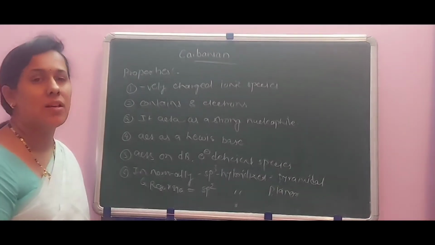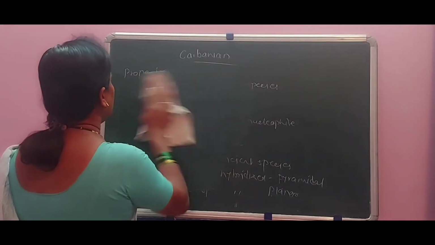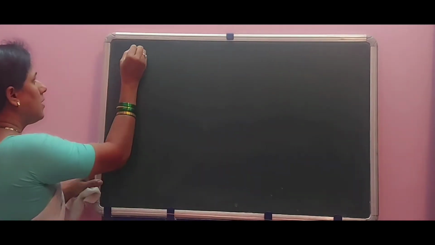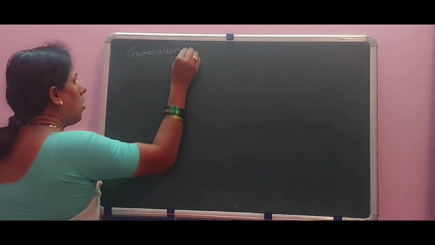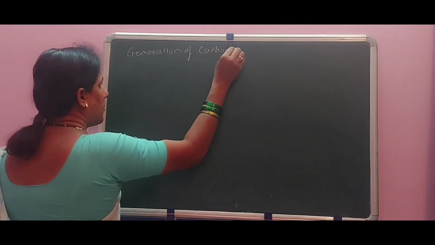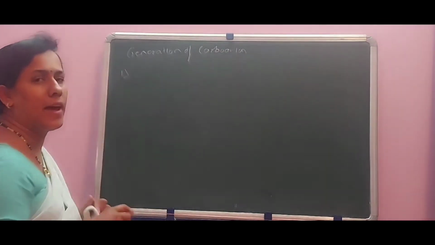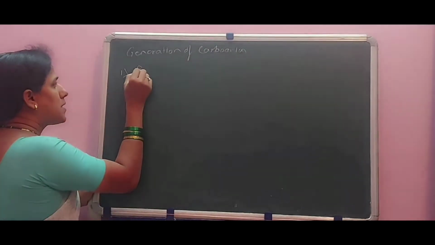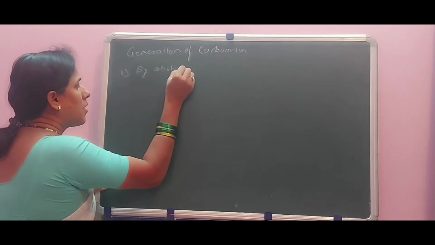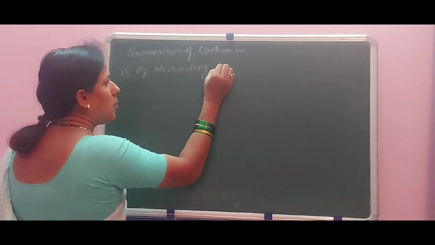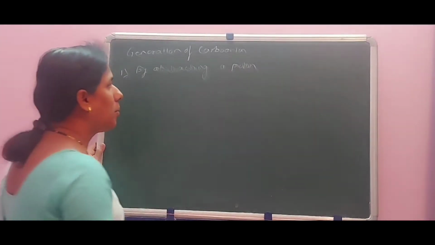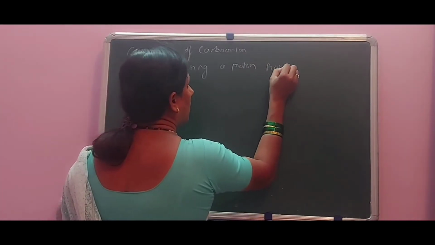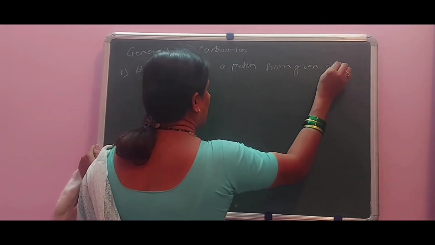Now we are going to discuss the generation of carbanion. First, the direct method is by abstracting a proton from a given organic compound.